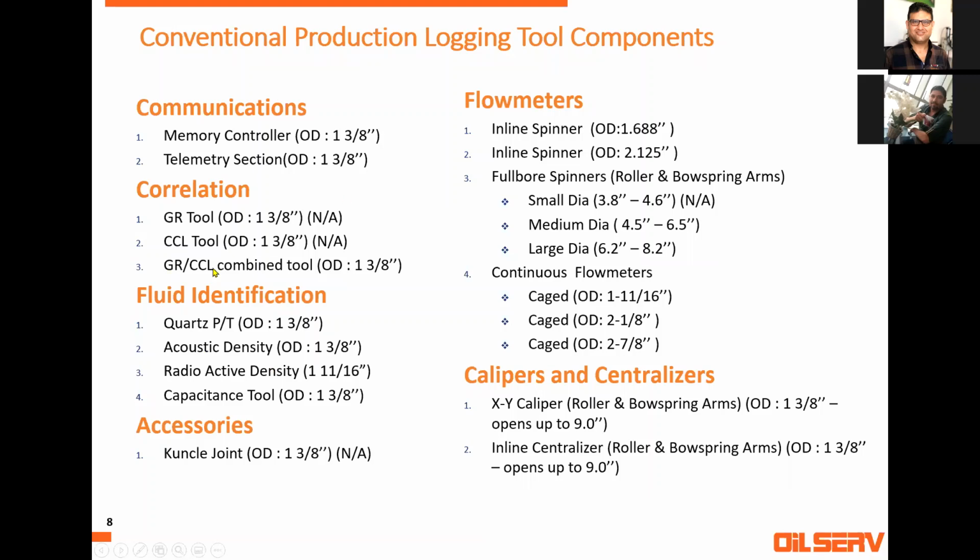And I will come one by one to the important tools. Quartz pressure and temperature, they put it with the fluid identification tool. Can anybody guess the reason why they put the pressure with the fluid identification tool? It's tricky. Okay, so what's happened here?